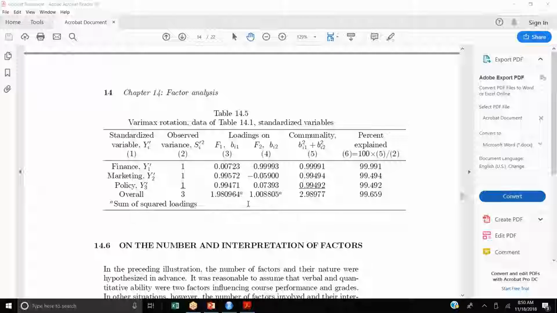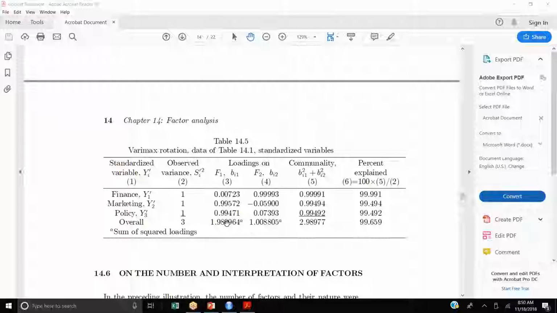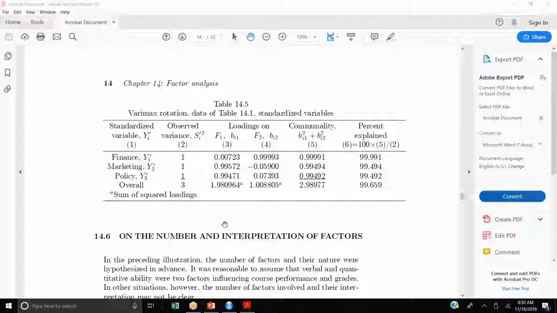I explained this, right? There are different rotation methods that give non-unique loadings, as I told you earlier, but they will all have consistent interpretations.